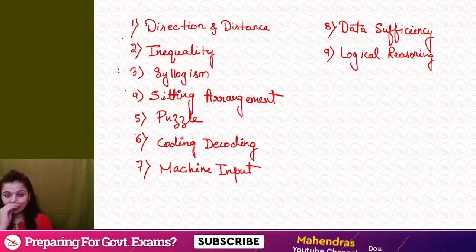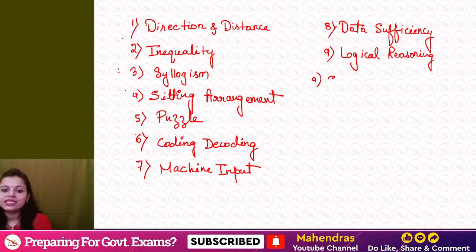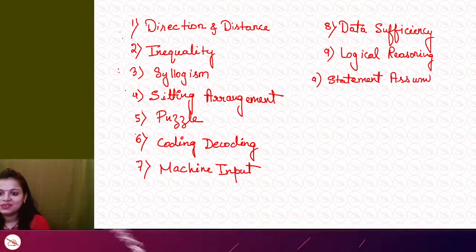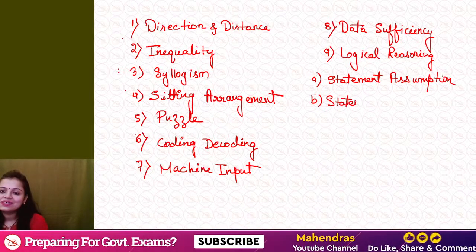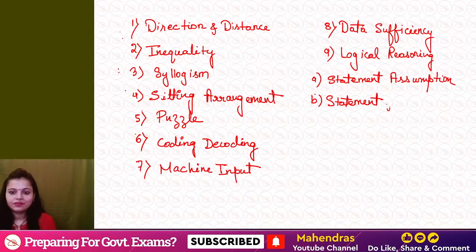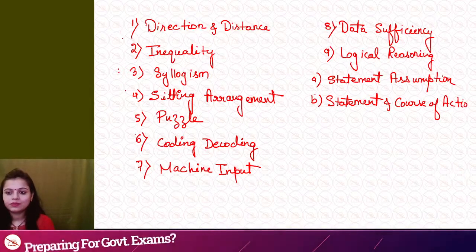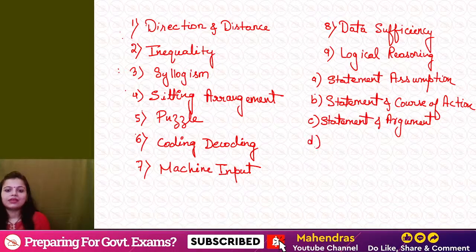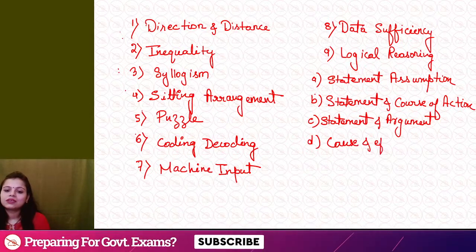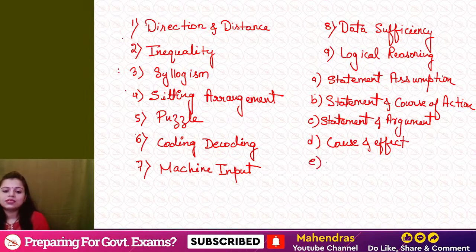The chapters under logical reasoning are: first, statement and assumption; then statement and course of action; then statement and argument; then cause and effect. Last, we'll do the combined logical.